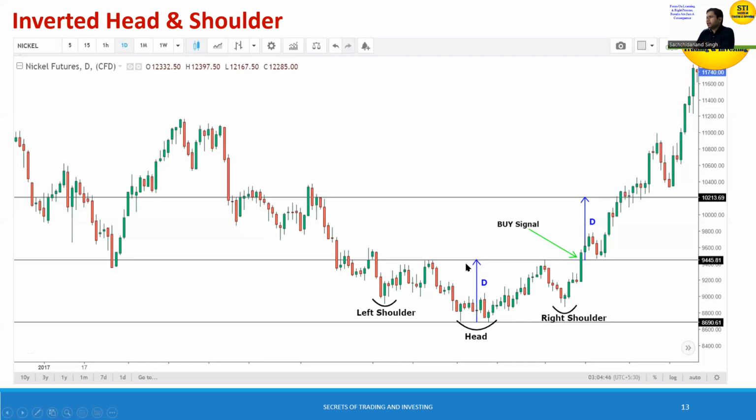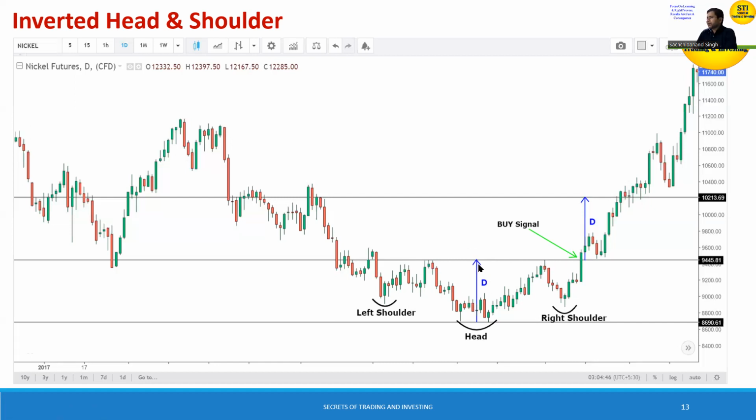Once we identify these two points and join them together, that will draw a line. It could be a horizontal line, or it could be a slanting line as well. In this example, the neckline is a horizontal line.